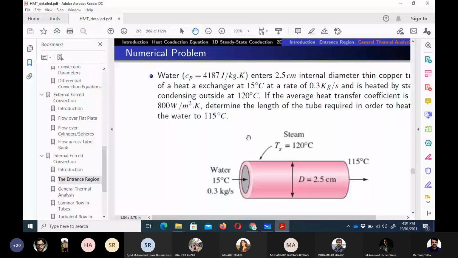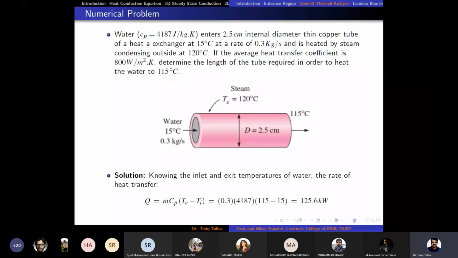So now we have been given this data. First of all, we can determine the total heat transfer rate, which would be equal to m dot Cp (Te minus Ti). So m dot is 0.3, then Cp value is 4187.